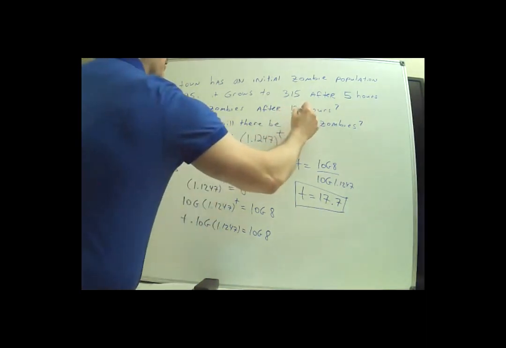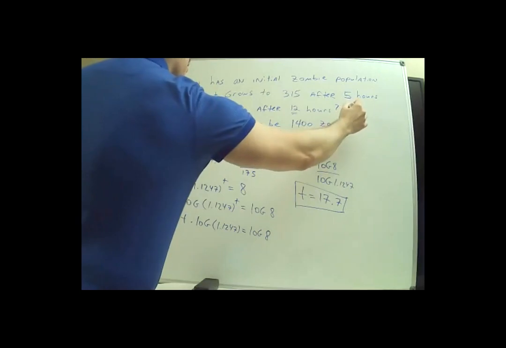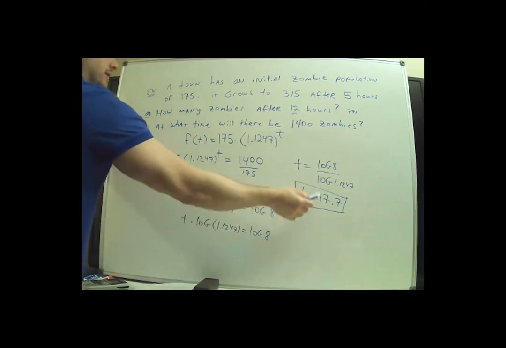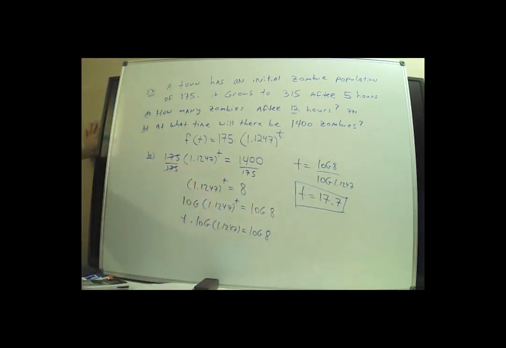After 12 hours, I think it was 771. And, you know, it's growing at a good rate. This is growing at like 12.5%. This is a huge growth rate. So it is growing pretty fast. As more time goes by, that's the whole point of exponential growth. It grows quickly. So this sounds about right to me.